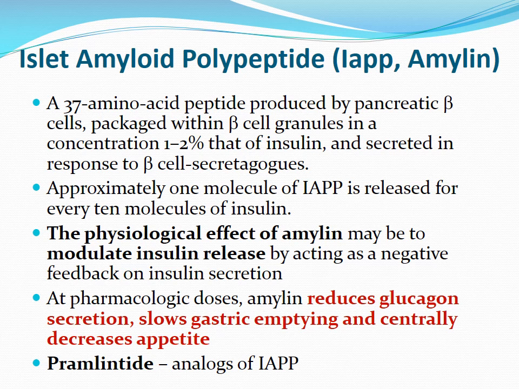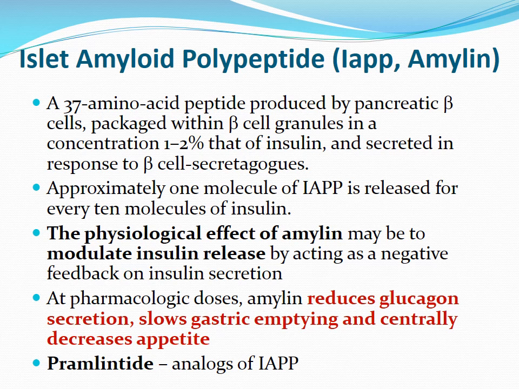Its concentration is about 1 to 2% that of insulin, and it's secreted in response to beta cell secretagogues. Approximately one molecule of amylin is released for every 10 molecules of insulin. The physiological effect of amylin may be to modulate insulin release by acting as a negative feedback on insulin secretion.